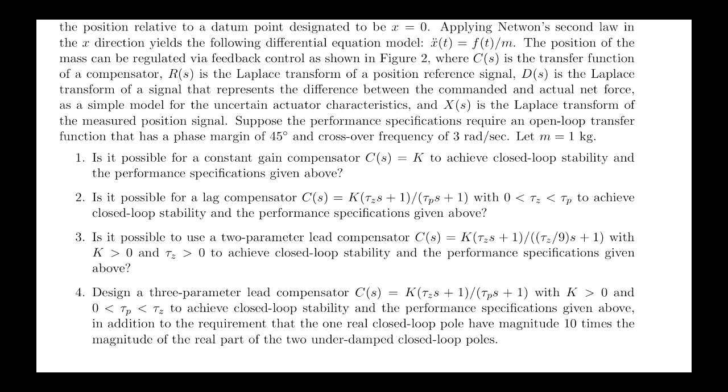So the next question is asking, what can we do if we now use a more sophisticated feedback compensator, which in this case, by virtue of this relationship, will be a lag compensator? It's a lag compensator because the time constant associated with the pole is greater than the one associated with the zero.